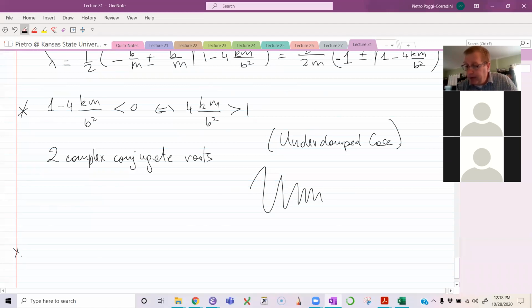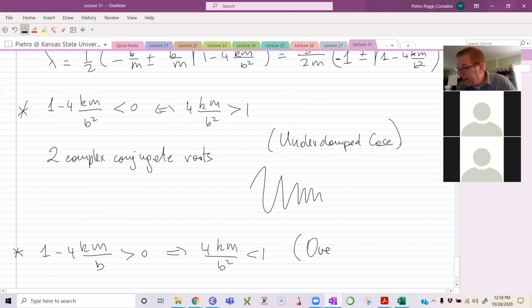And then if instead 1 minus 4km over b squared is positive, then 4km over b squared is less than 1. This is the overdamped case.